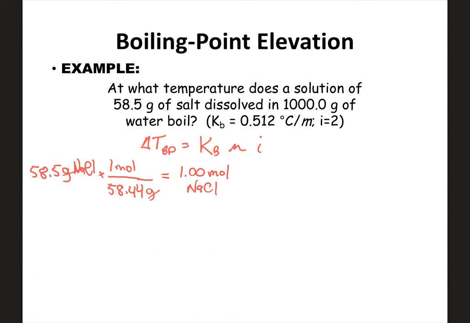But in order to do the molality here, we need the kilograms of the solvent. Well, the water is the solvent. They gave me the grams, so I'm just going to have to convert this to kilograms. It's a pretty simple conversion. We know there's 1,000 grams for every kilogram. All right, so we have just 1 kilogram here of the actual water. All right, and that's the solvent here.